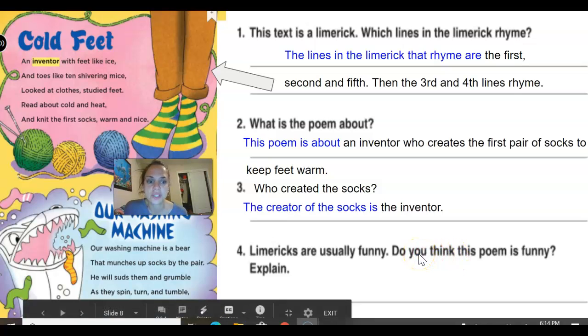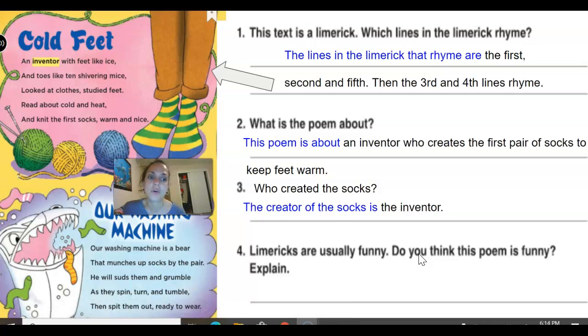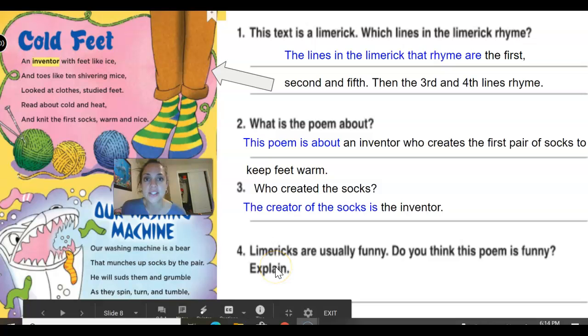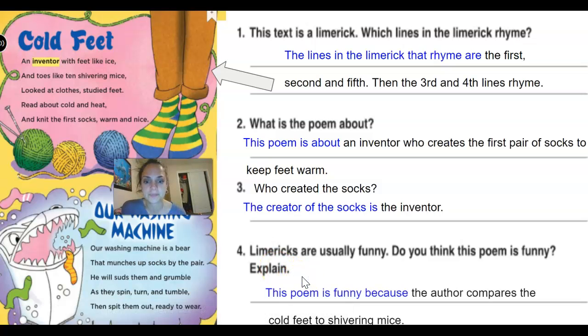Instead of saying, you think this poem is funny, I could say, I think this poem is funny. Or I could just say, this poem is funny. Because as third graders, we always want to write why. This poem is funny because the author compares the cold feet to shivering mice. That's what I thought was funny. You might have a different detail that's funny when you read your poem today and answer your questions.